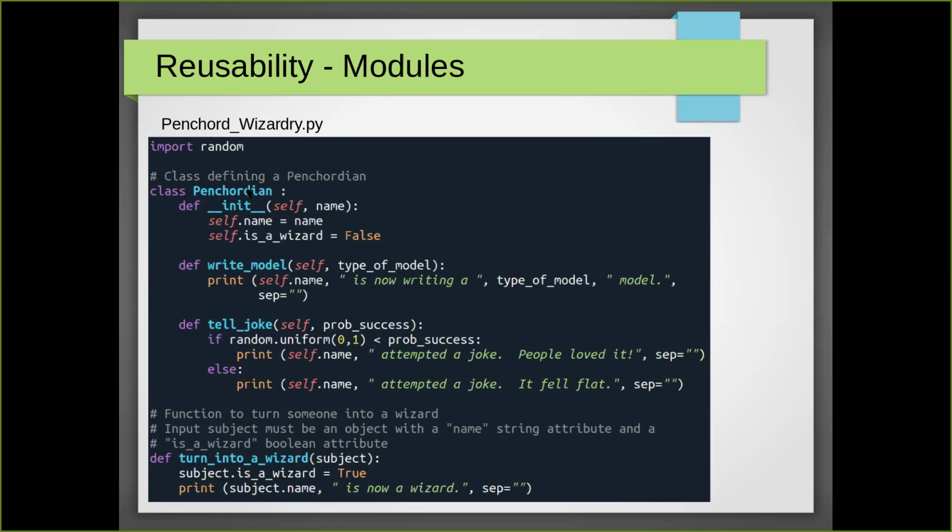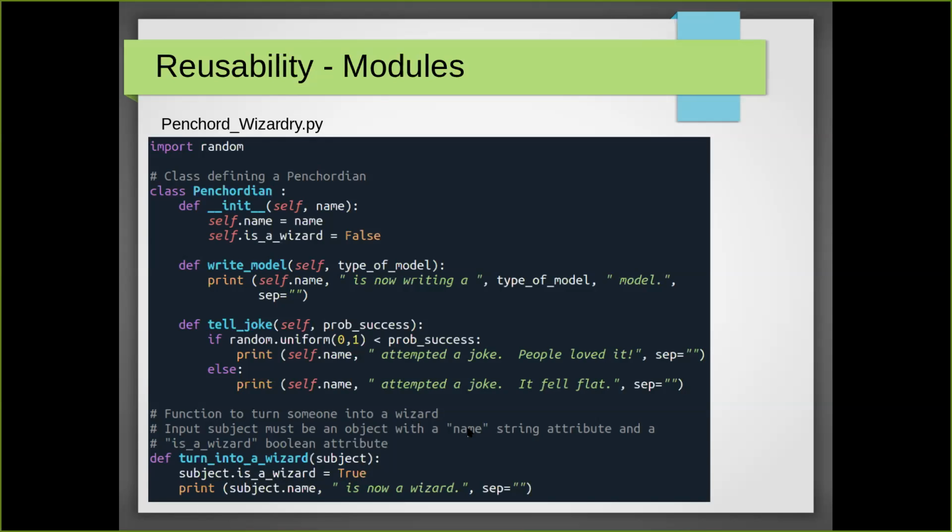So a pencordian object would be a valid object to pass into this function because it has both a name and is a wizard boolean. And all this does is it turns them into a wizard by setting the subject's is a wizard boolean to true, and then prints a message saying they're now a wizard.